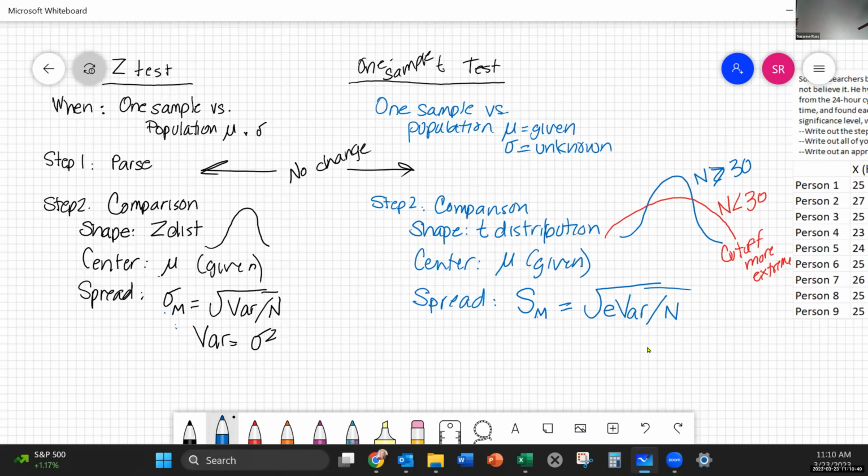We have to get the sum of squares of all of the data that are given. So you're going to be given raw data now. We're going to take the sum of squares and divide by n minus 1, which we named last class as degrees of freedom. So that's it.